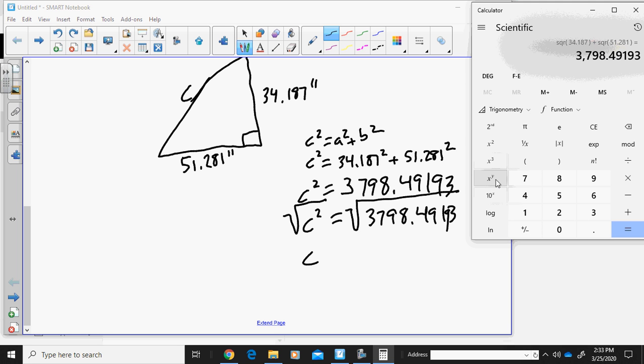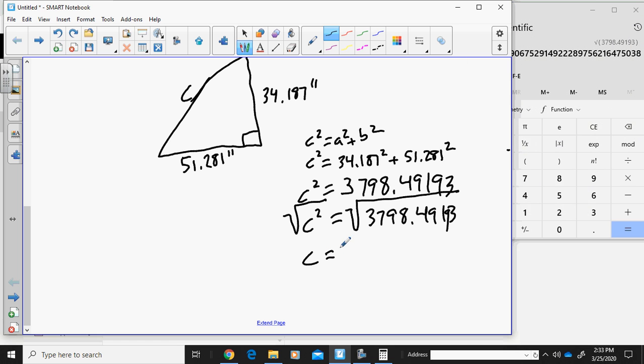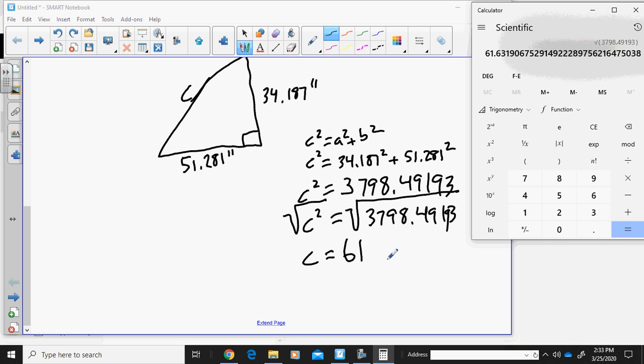So instead of typing that number in, I guess we could do it here. Let's see if we can do it. So we're going to do second square, and it did it. Alright, sometimes you have to type it in again, and that's not fun. So c equals 61.6319.